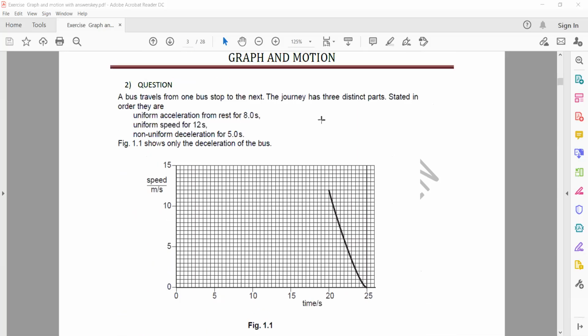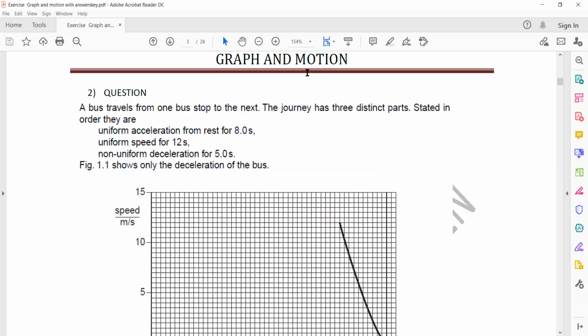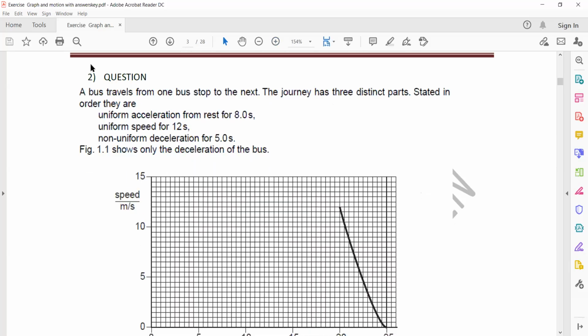Okay, sometimes you have to complete the graphs. The question will be there and you have to complete these graphs. A bus travels from one bus stop to the next. The journey has three distinct parts stated in order.